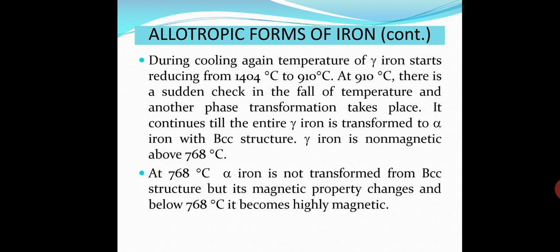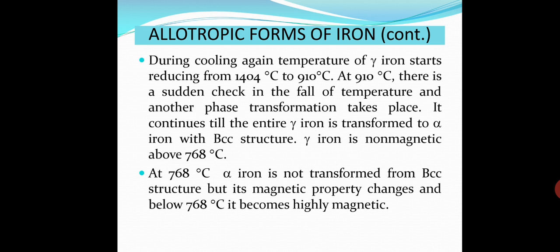At this temperature, gamma iron is transformed to alpha iron. So there are three allotropic forms: delta iron, gamma iron and alpha iron.